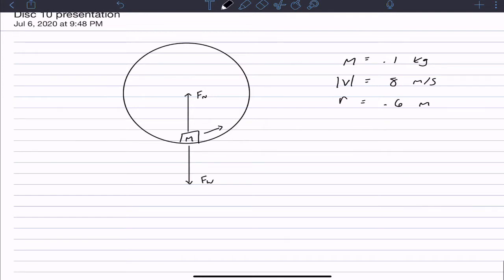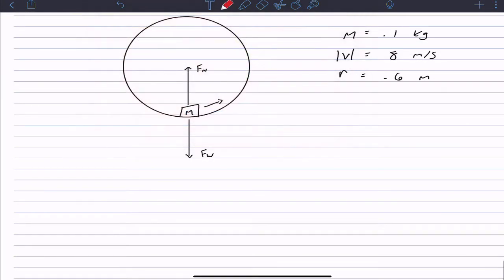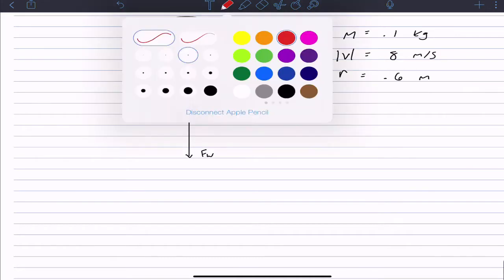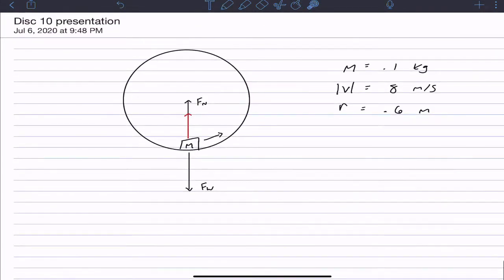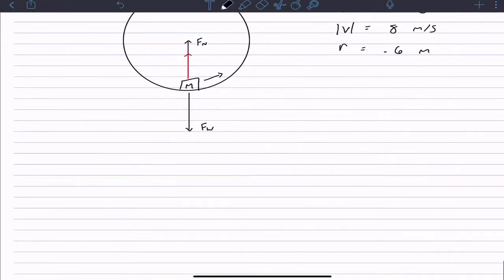And so we also have a centripetal force. I mentioned that earlier. The overall net force that's operating to keep this thing moving in a circle needs to be a centripetal force pointing in this direction. That's going to be the net force. So the net force is the centripetal force. Centripetal force is equal to normal force plus the weight force.